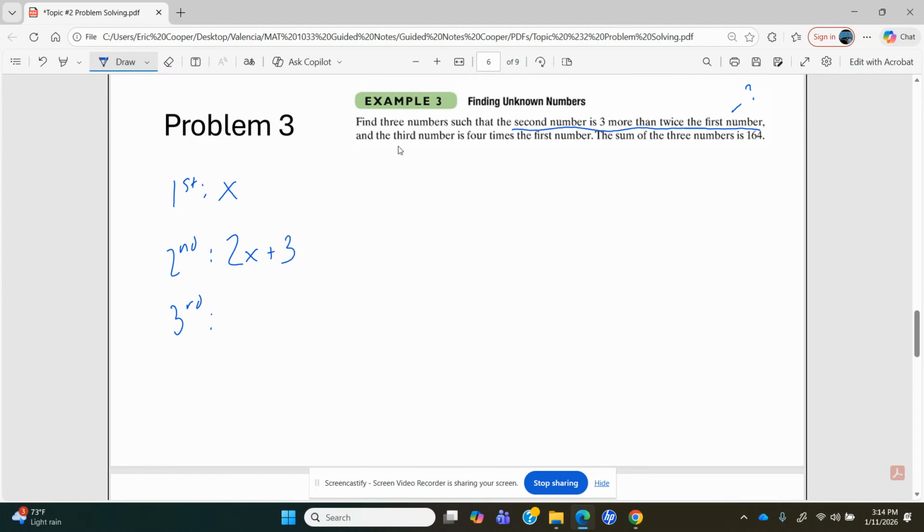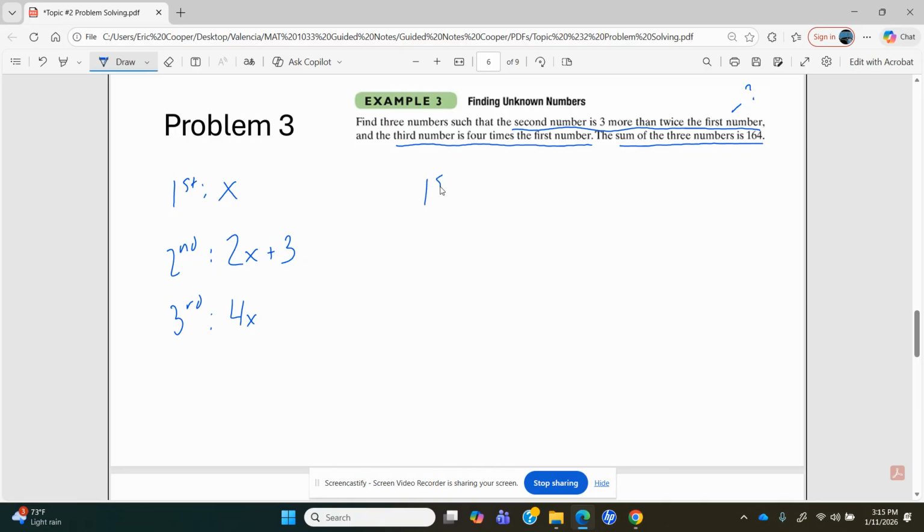It also tells us down here that the third number is 4 times the first number. Again, we don't know what the first number is, we just know it is X. So that means that the third number, if it's 4 times it, is just simply 4X. The last clue that it gives us is that the sum of the 3 numbers is 164.